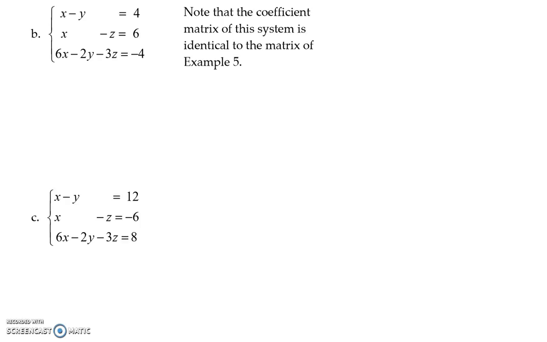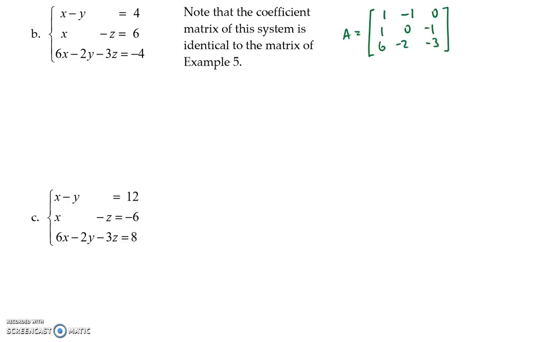What we're referring to here is when we write the coefficient matrix A for this particular system, looking at the coefficients on the left-hand side of the equations, we see 1, -1, 0, 1, 0, -1, and 6, -2, -3.